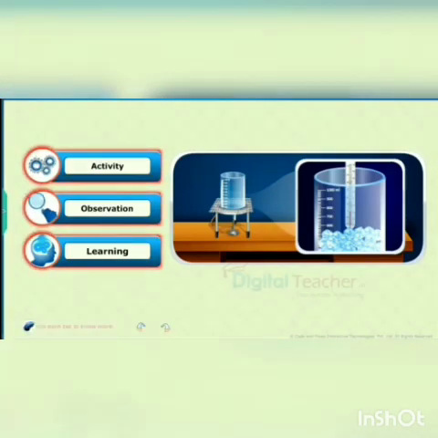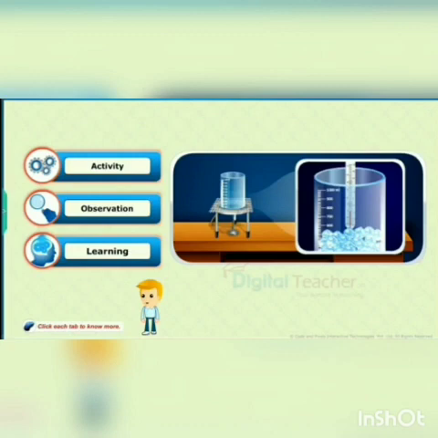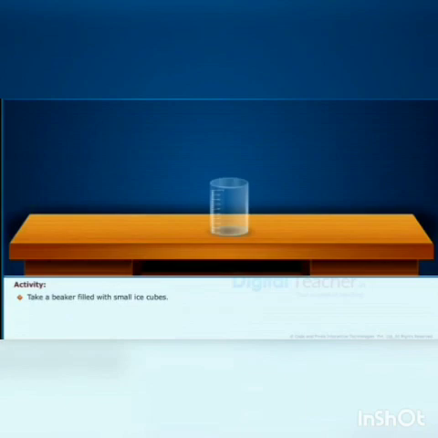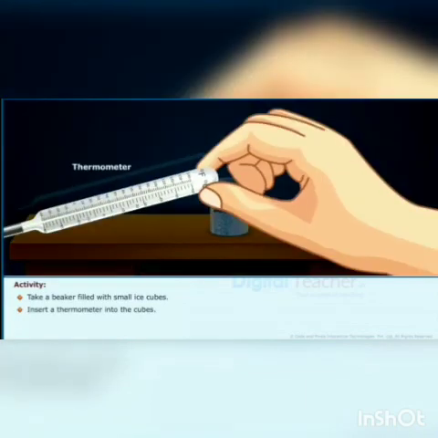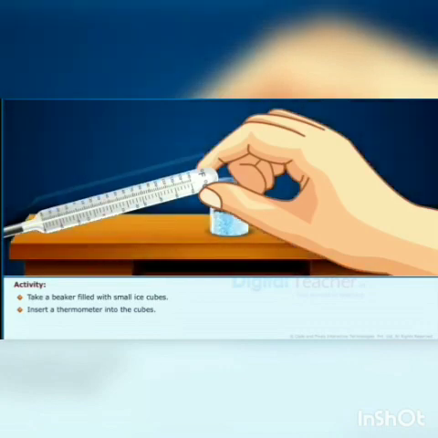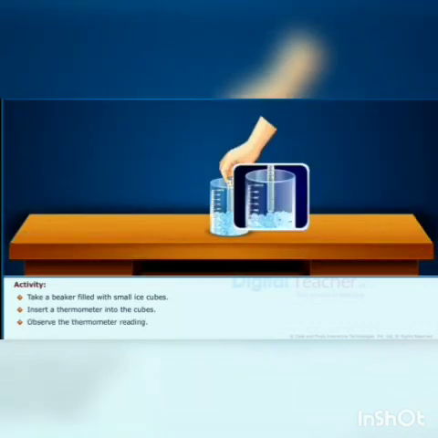Let us discuss the effect of temperature on change of state. Solid to liquid. Let us perform an activity where a solid is changing into liquid state. Take a beaker filled with small ice cubes.